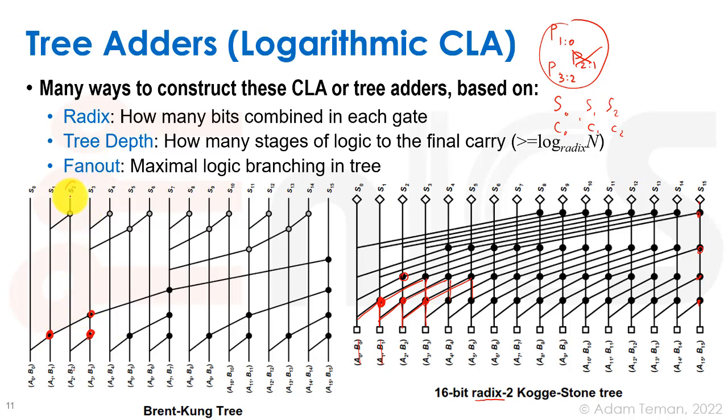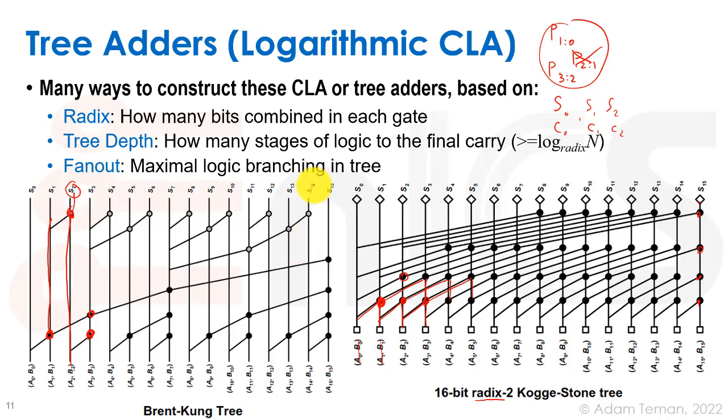Therefore, if we want to get, for example, sum 2, we have to take the output of this, and we have to take this input and use another gate over there to figure out what sum 2 is over here. What this causes is that, as you see, we have a lot less hardware. We have many fewer of these propagate generate gates, but we have to add these internal gates as well.